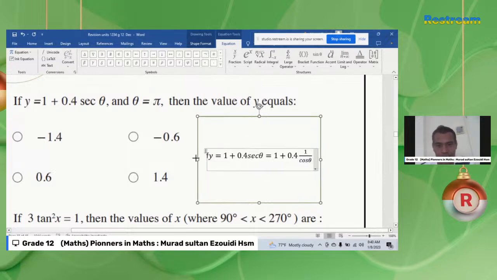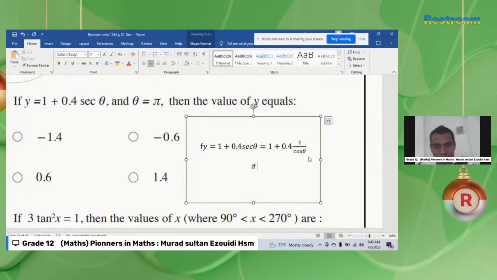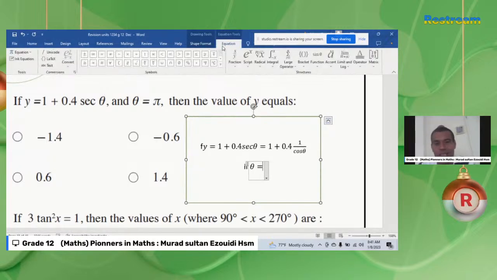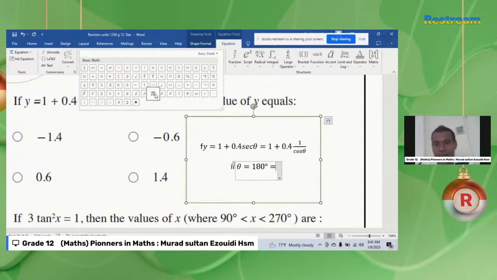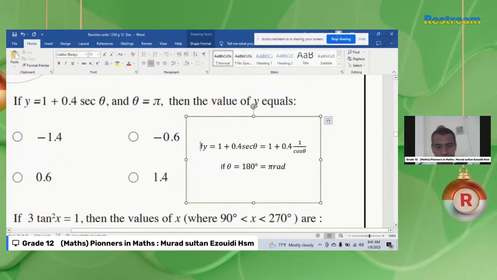Simply because cosine and sec are called reciprocal functions. Now theta is pi, therefore I can write like that: if theta is equal to pi, pi means 180 degrees, which is the same as the value of pi radians. Now I will use the first one.